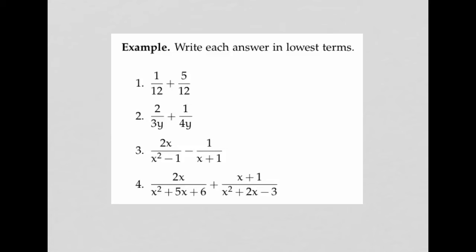Let's look at the following examples of adding or subtracting rational expressions. I'm going to work out these examples in detail by applying the rules we just learned. The first example is rather simple, simply because the denominators are equal.